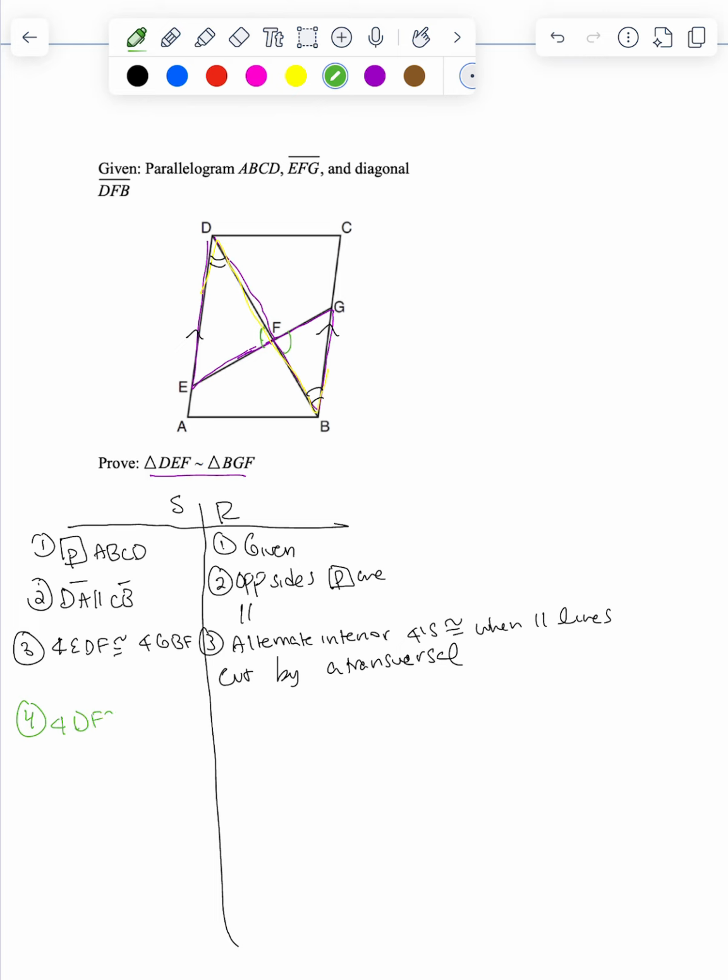Angle DFE is congruent to angle GFB. And that's because intersecting lines form congruent vertical angles. And those are the two pairs of angles that we were using for AA. So now we can say that the triangles are similar due to AA. And that's the end of our proof here.